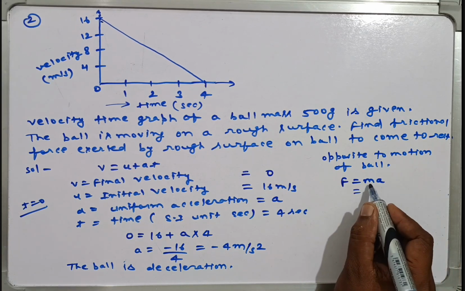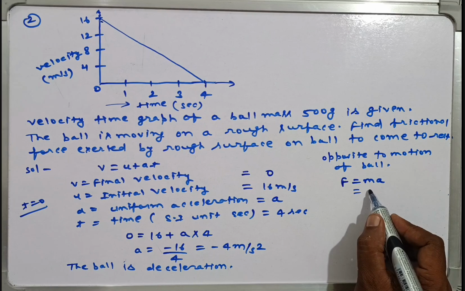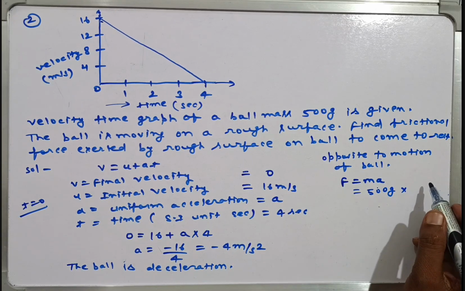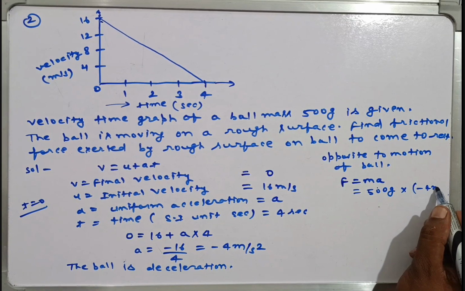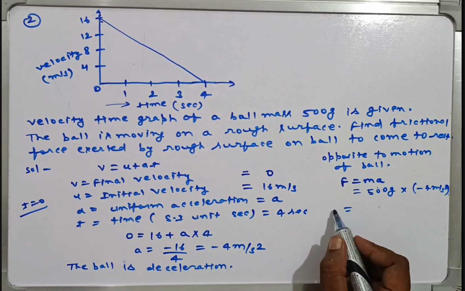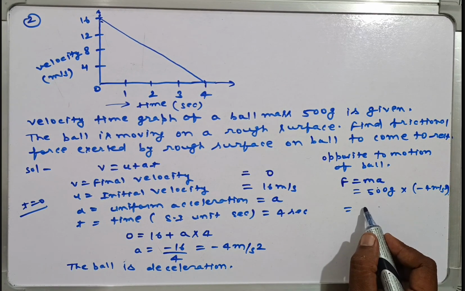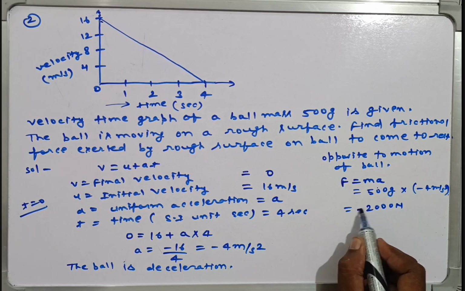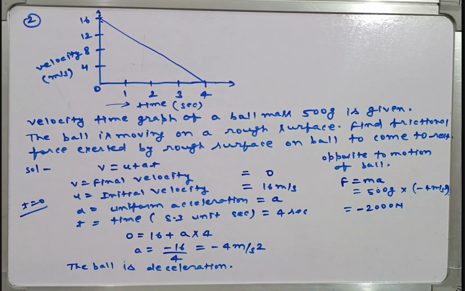So here the mass of the ball is given as 500 gram and acceleration is 4 meter per second square. So we know this one will come 2000 Newton, okay, with negative sign.